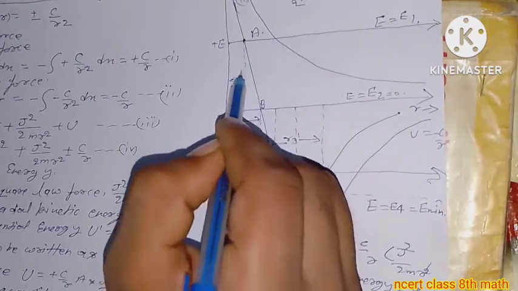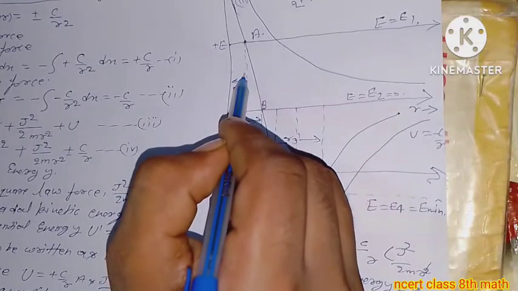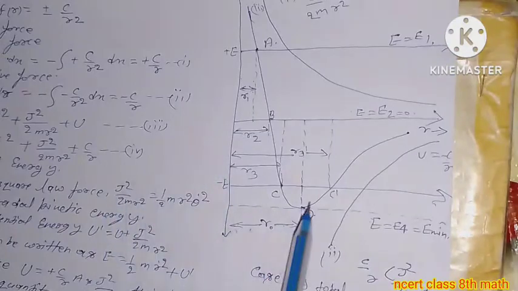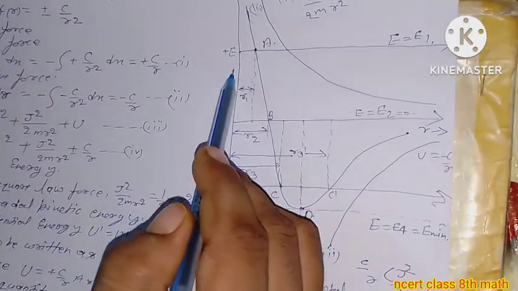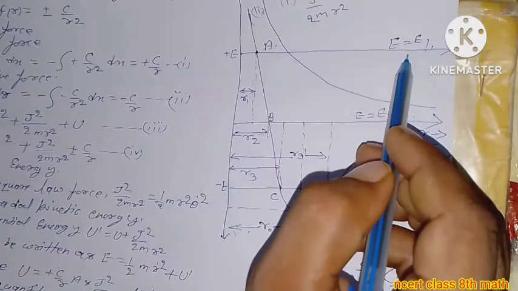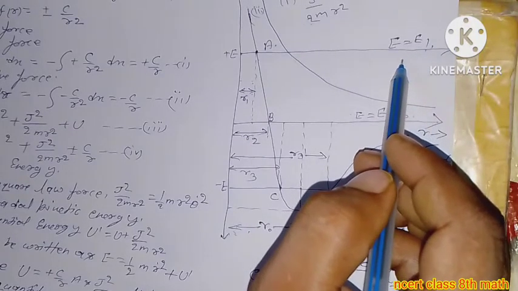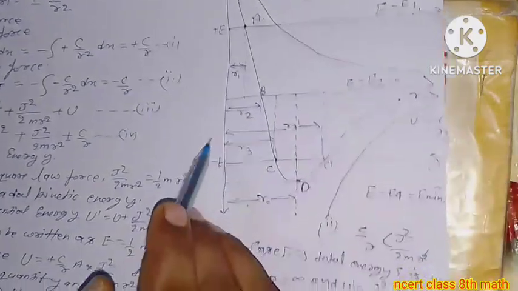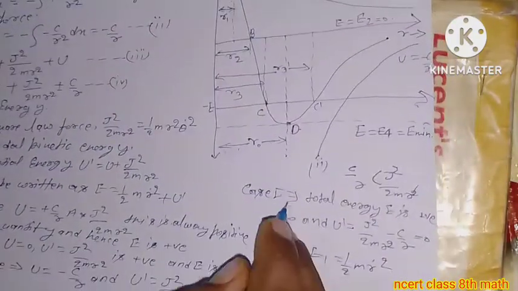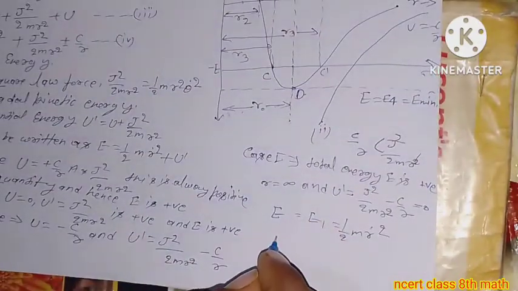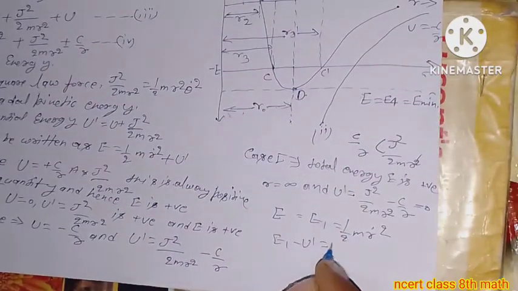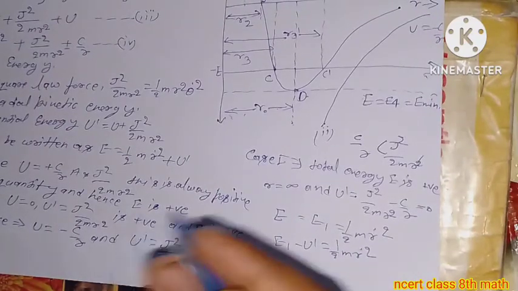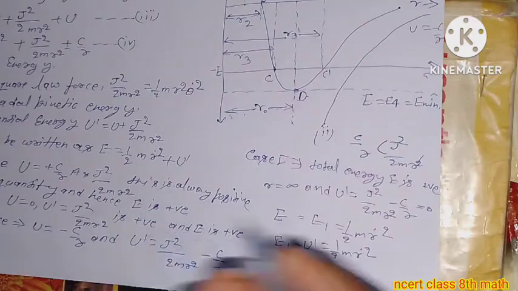The particle cannot come closer than R1 because U dash will be greater than E1, and E1 minus U dash will have a negative value, but E1 minus U dash equal to 1 upon 2 m differentiate of R square is the radial kinetic energy, which must always be positive.